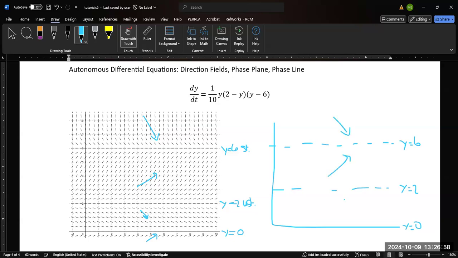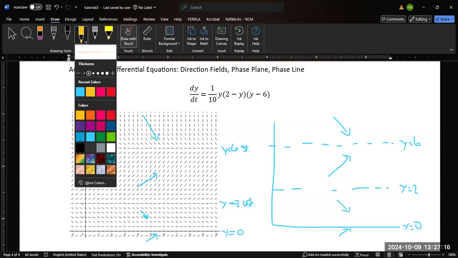And so we can extract that information from a sign chart of our direction field to determine which regions have a positive slope, which regions have a negative slope. And then that actually gives us all the information we need.